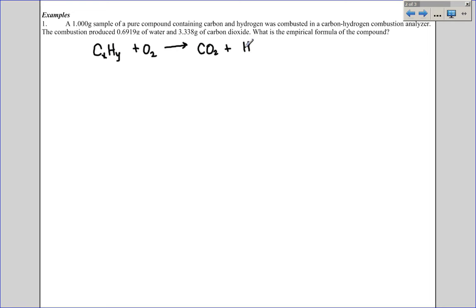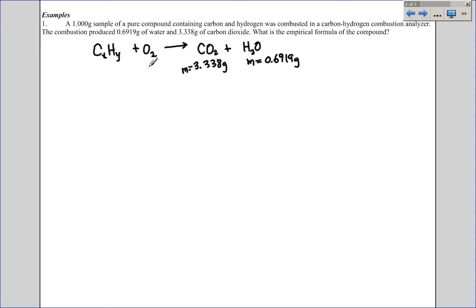This combustion reaction will produce H2O and CO2, and we know that the mass of the CO2 that was produced was 3.338 grams, and the mass of the water that was produced was 0.6919 grams.